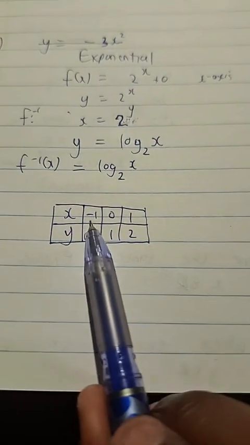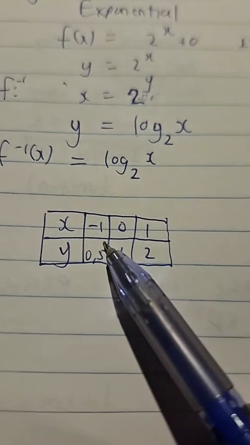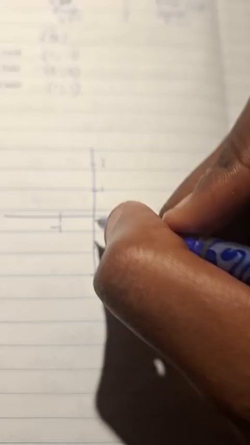So for instance, x is equal to -1. We can go to our Cartesian plane, -1, 0, 1. Then the corresponding y values, we have 1, 2, -1, -2. When x is -1, y is 0.5. 0.5 is between 0 and 1. So where do these points meet?